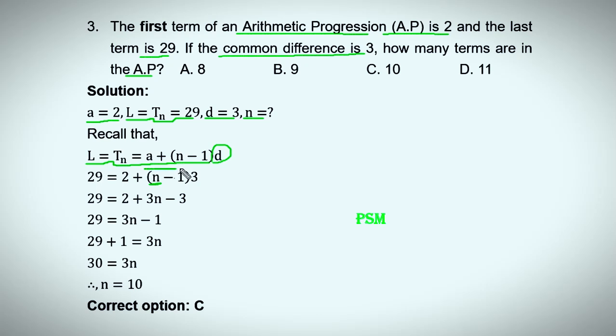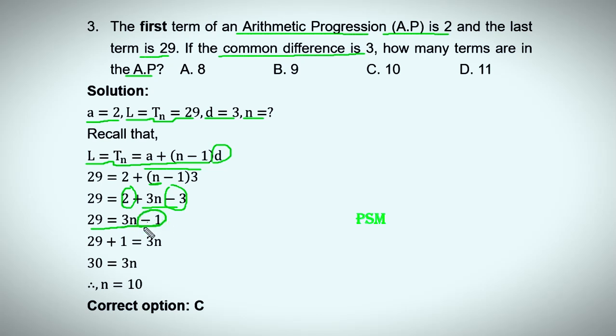You expand from here. You have this result. You take 2 and minus 3. That will give minus 1. So we have 29 equal to 3n minus 1.